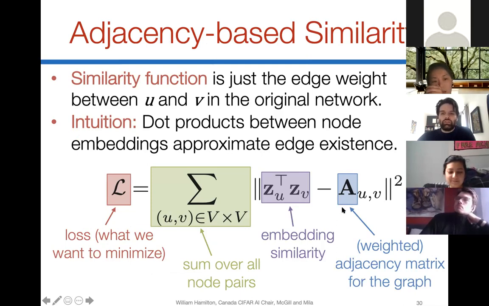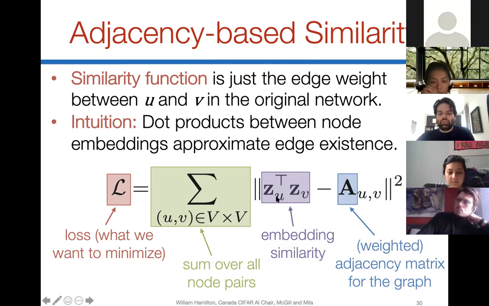If we're looking at the row corresponding to node U and the column corresponding to node V, this tells us: are nodes U and V connected? And perhaps if it's weighted, how strong is this connection? So what we're trying to say is we want the dot product of the embeddings of our nodes U and V to approximate their entry in the adjacency matrix.